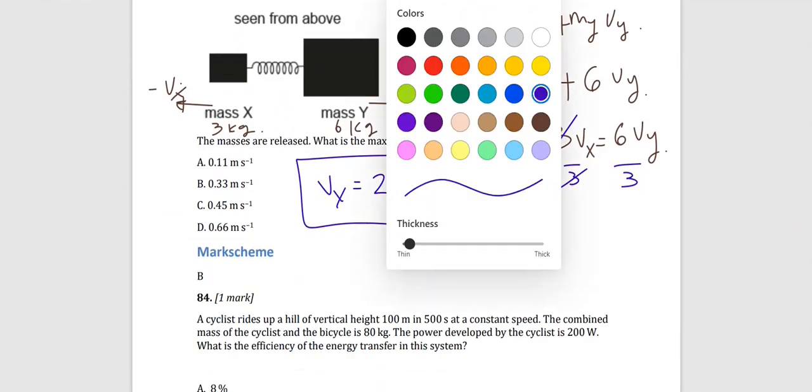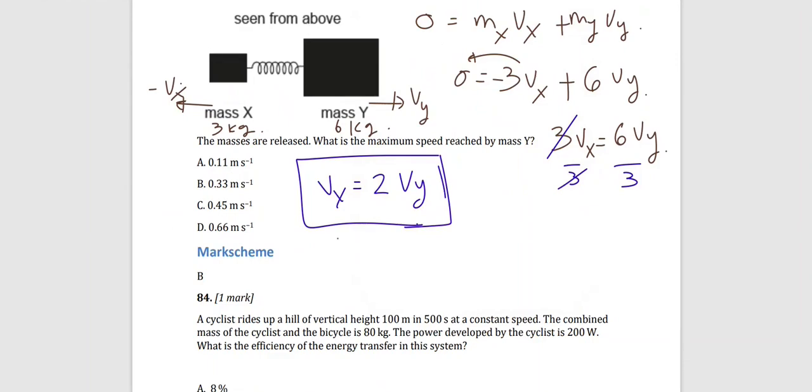So from the conservation of energy, the initial energy is the elastic potential energy, which will equal the final energy. I have kinetic energy for object X and kinetic energy as well for object Y. The elastic potential energy stored in the spring was 1 joule.